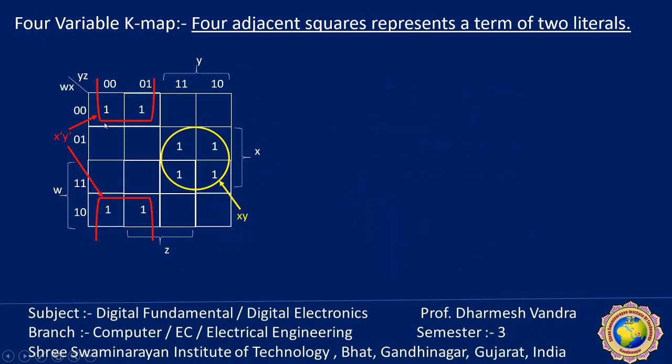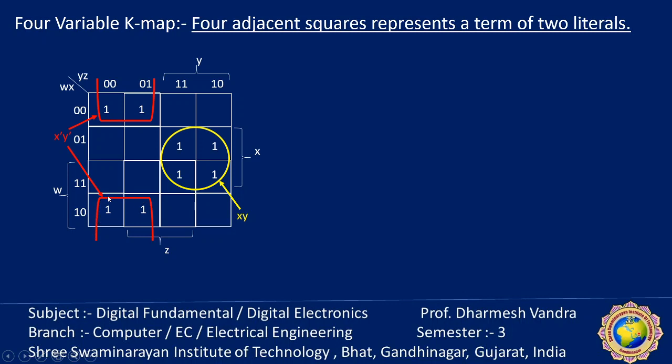Now for x y, here which one? The x is 0 in both cases, and y is 0 0, so it will become x dash y dash. Most of the students make a mistake here.